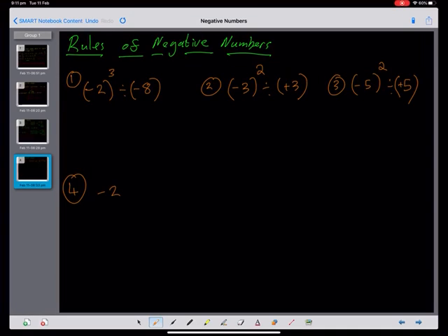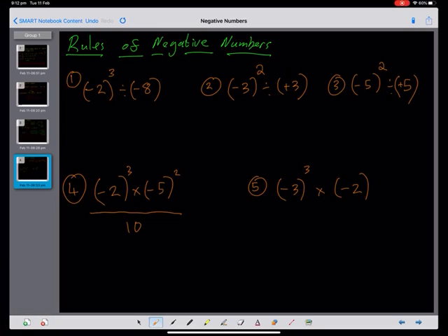Let's do negative 2 cubed times negative 5 squared all divided by 10, and let's do negative 3 to the 3 multiplied by negative 2 to the 3, all divided by, let's do 2.